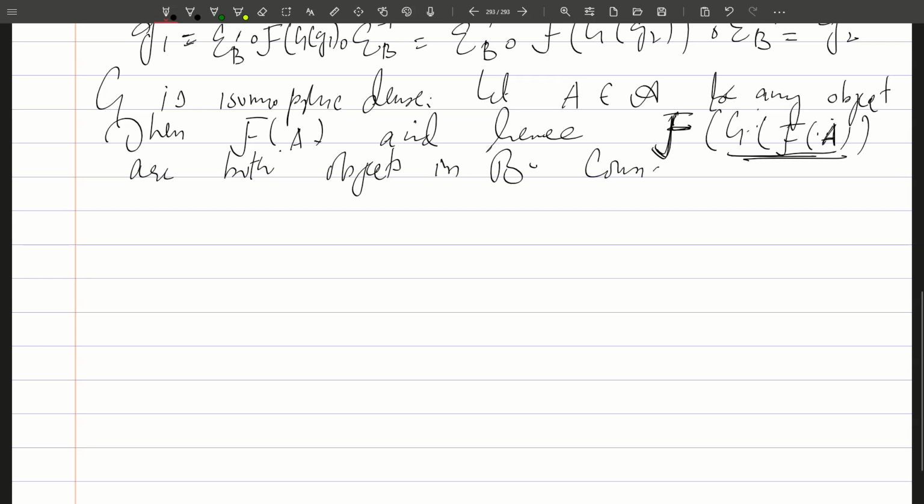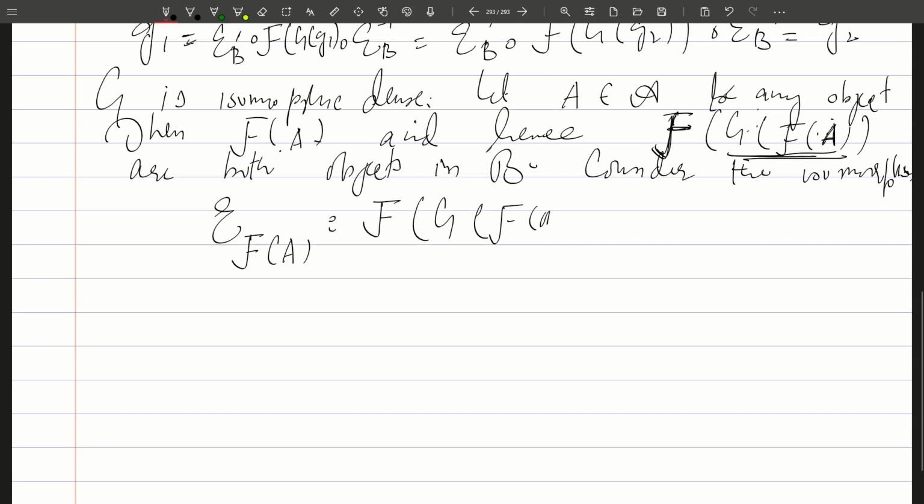Now let us consider the isomorphism, say epsilon sub f of A. That means this is an isomorphism from f of g of f of A to f of A. So this is the morphism.